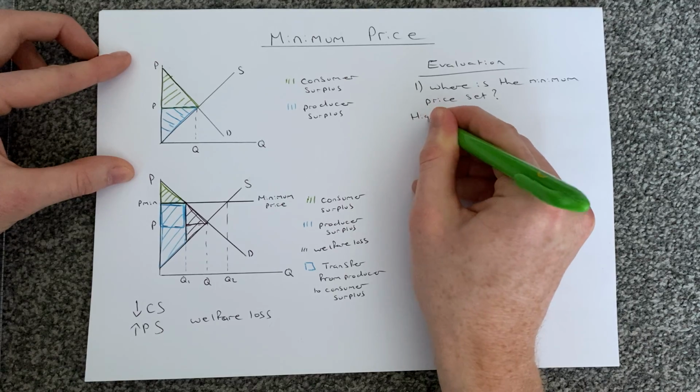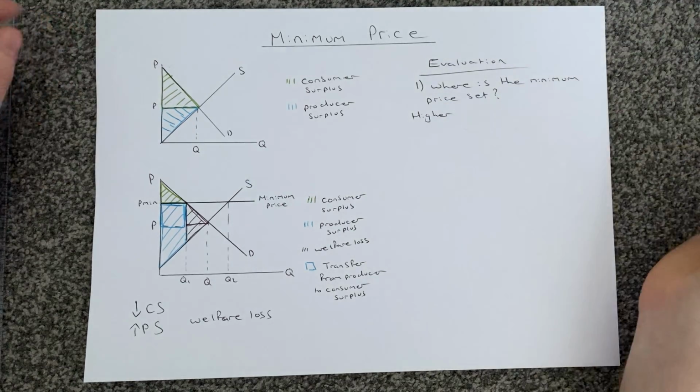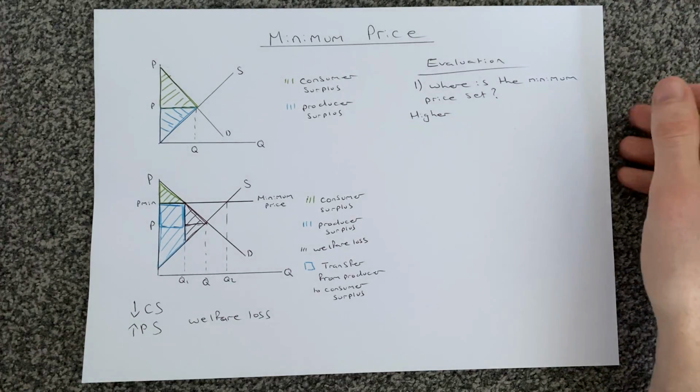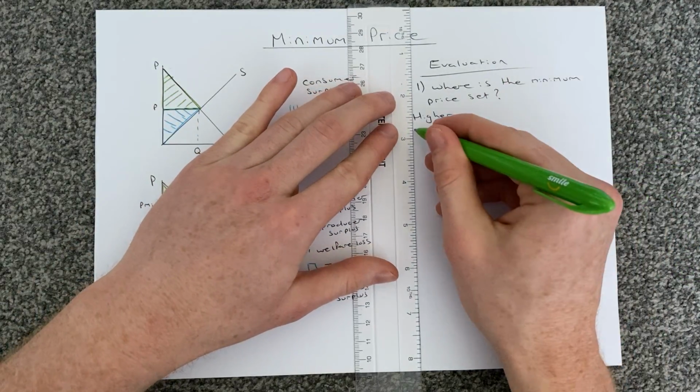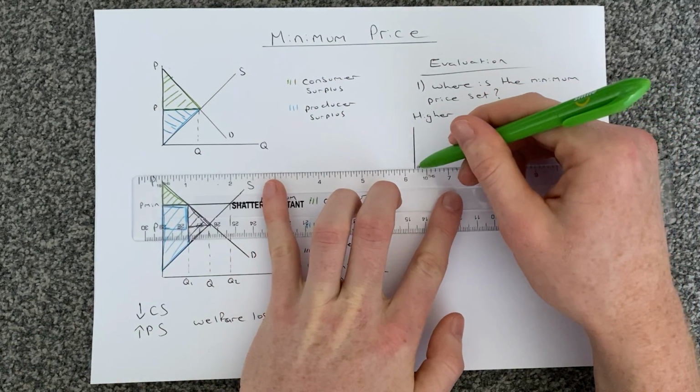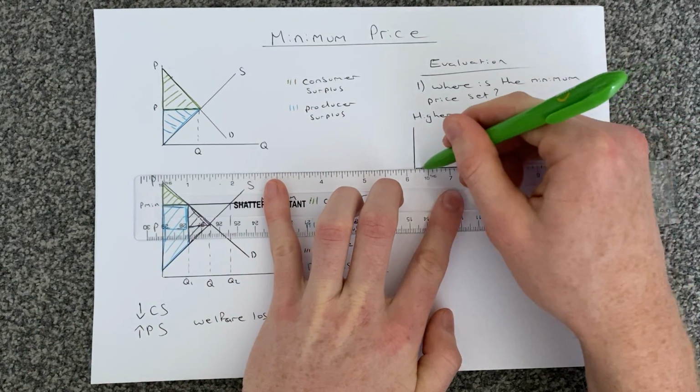First of all, we're going to consider whether the minimum price set is higher, and we're going to use a diagram to help us demonstrate our point.